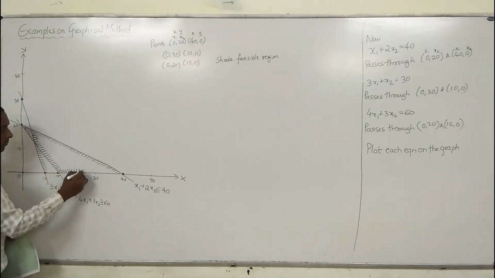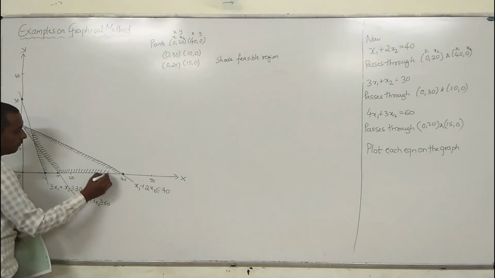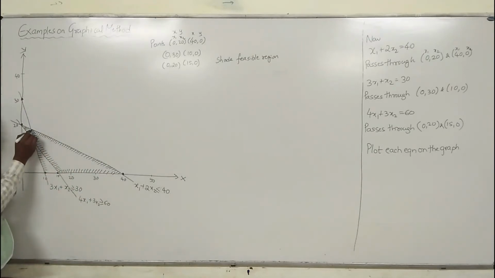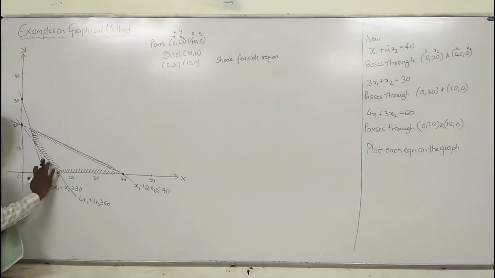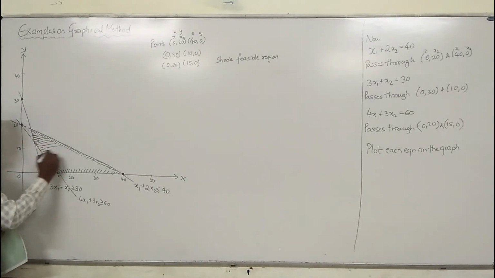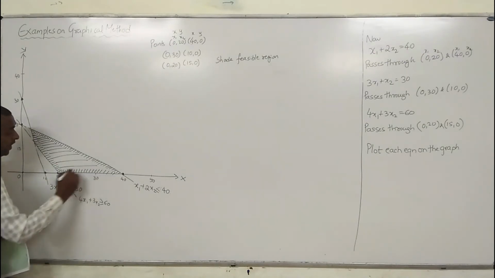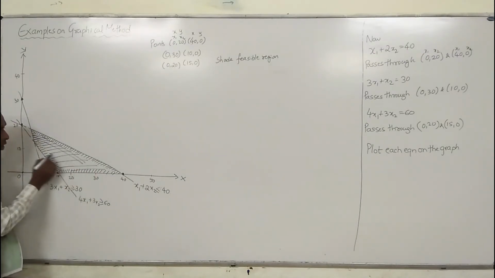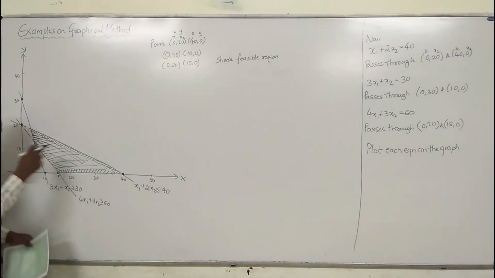So this is the feasible region. So let me remove this one. So this is not the feasible region. This is also not the feasible region. So this will become the feasible region, the common points lying within this region.